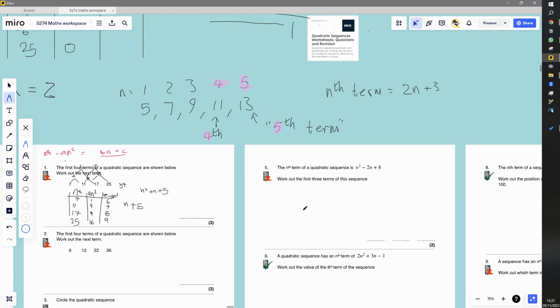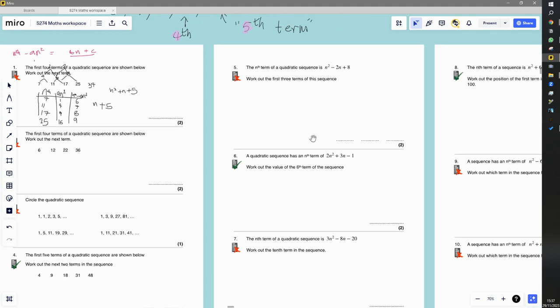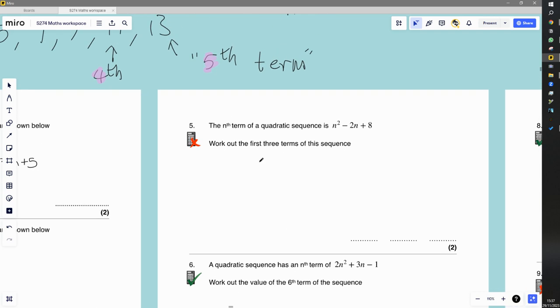Now with a quadratic sequence, let's look at what happens. Let's write out the first 3 terms in this sequence. So this time I'm going to use a table.